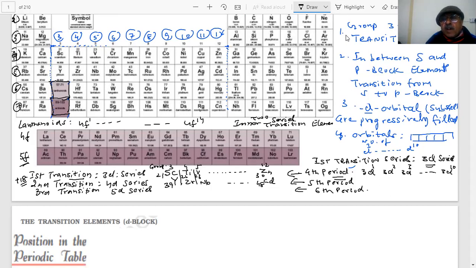One is called lanthanides, and the other is called actinoids. They both belong to group 3, and the lanthanoids belong to the sixth period, and the actinoids belong to which period? Seventh period.